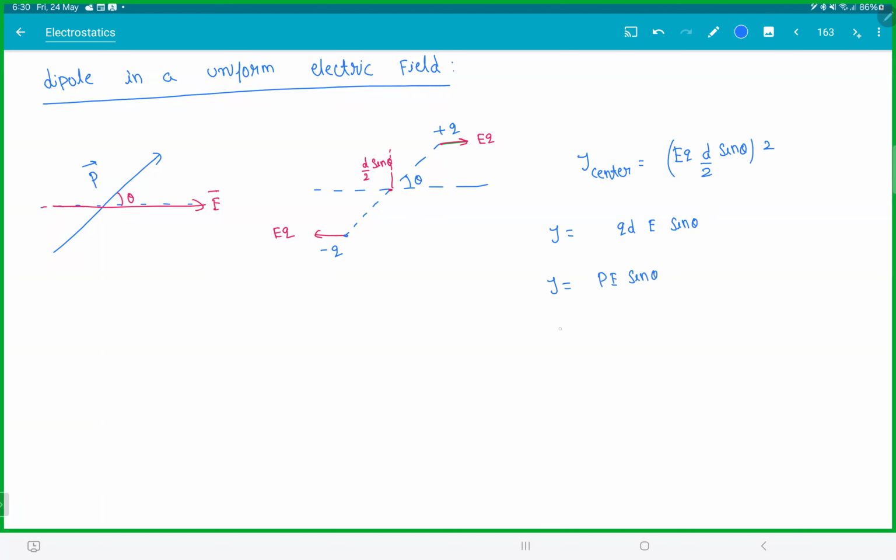In vector form, you can simply write torque is equal to P bar cross E bar. Do remember this. Like I said, whatever I'm teaching you today, literally everything will repeat in magnetism exactly the same. In place of E you will have magnetic field, in place of P you will have magnetic moment. This is your torque. Remember, valid only for uniform field.